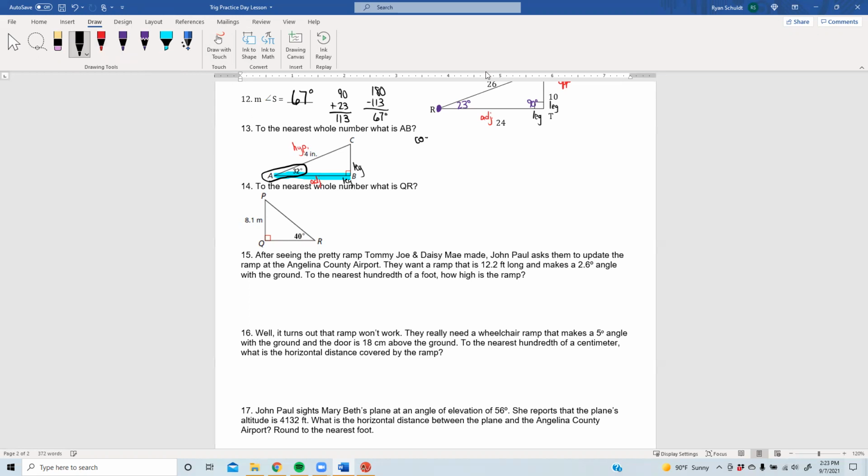The cosine of your angle is equal to the adjacent, which we're going to just call x, over the hypotenuse, which is 4. 4 is on the bottom, so multiply by 4 on both sides. Cancels right there. We have 4 times the cosine 32 equals x.